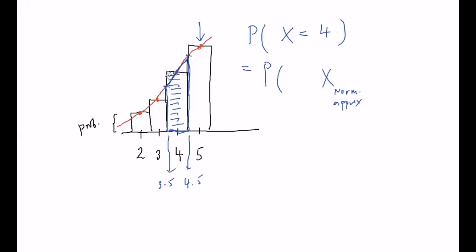Now, watch this carefully. This piece of the rectangular bar can be cut, rotated, and then fitted here. It's not an exact fit, but almost the same, approximately. So that's why your P of X equals 4, which is this rectangular bar, is basically the same as this integral going from 3.5 to 4.5. That's why you have a continuity correction of 4.5 on the upper side and 3.5 on the lower side.